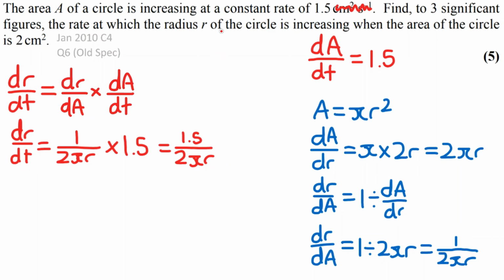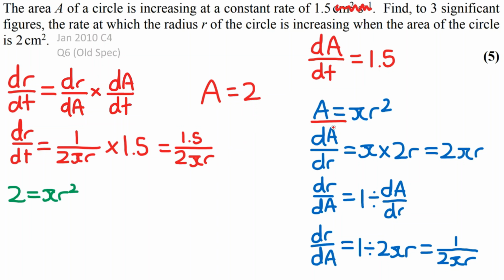Now when we look at the question, it wants us to find the rate at which the radius of the circle is increasing when the area of the circle is 2 centimeters squared. So we need to find dr over dt when the area of the circle is equal to 2. Now this differential equation here is not in terms of A, it's in terms of r, but this isn't a problem because of course we know that the area of a circle is pi r squared, so we can just sub in A as 2 and then rearrange to make r the subject and then sub it into here.